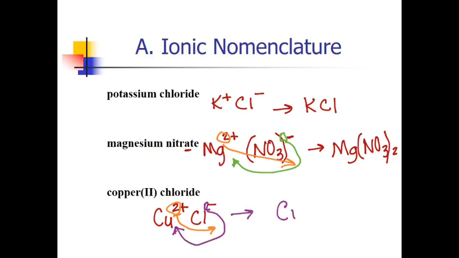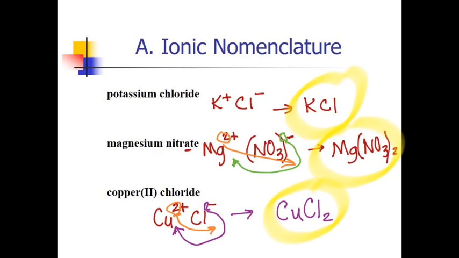And our final answer, Cu, understood 1, Cl2. Notice in my final answers here, no pluses or minuses, and no superscripted numbers, so no numbers up high, and again, only subscripted numbers.